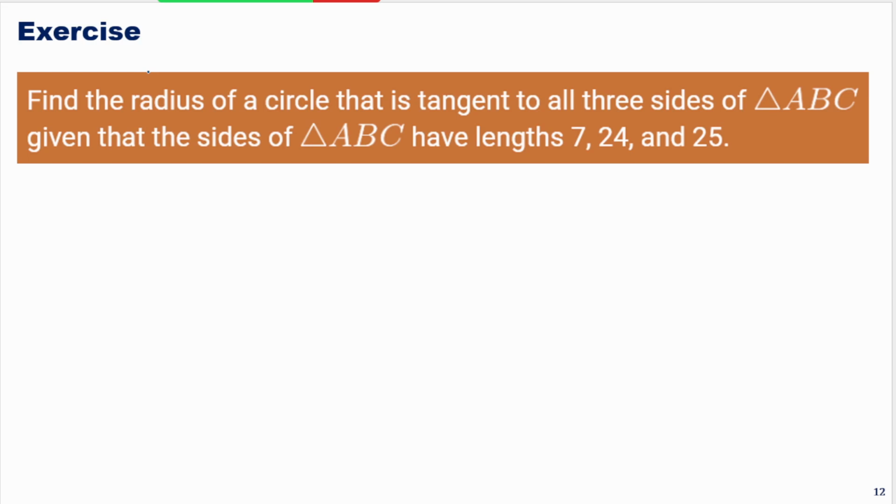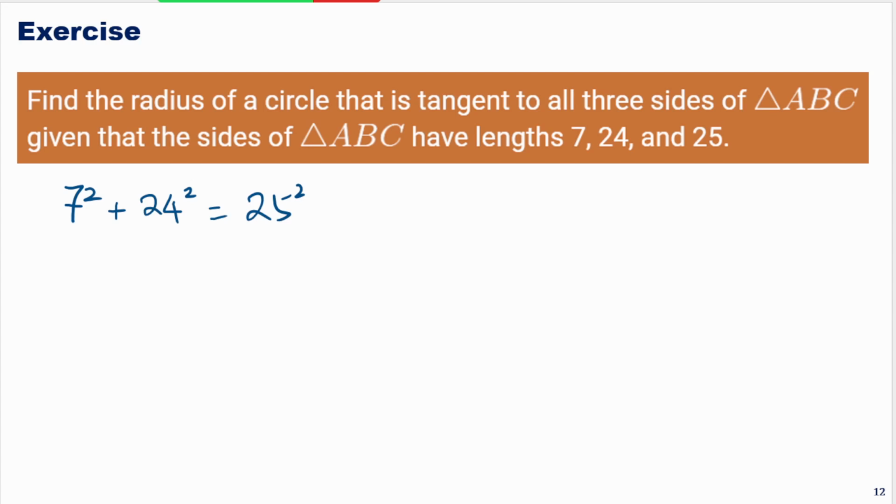Have you got an answer? Note that we have 7 squared plus 24 squared equals 25 squared, right? This triangle is actually a right triangle with legs of 7 and 24.